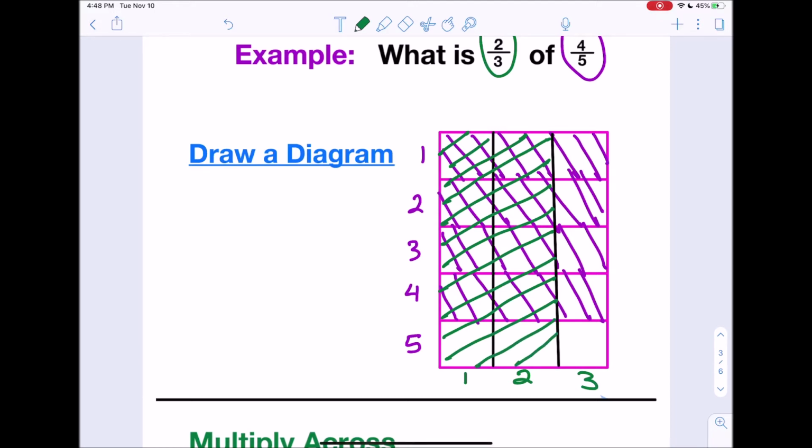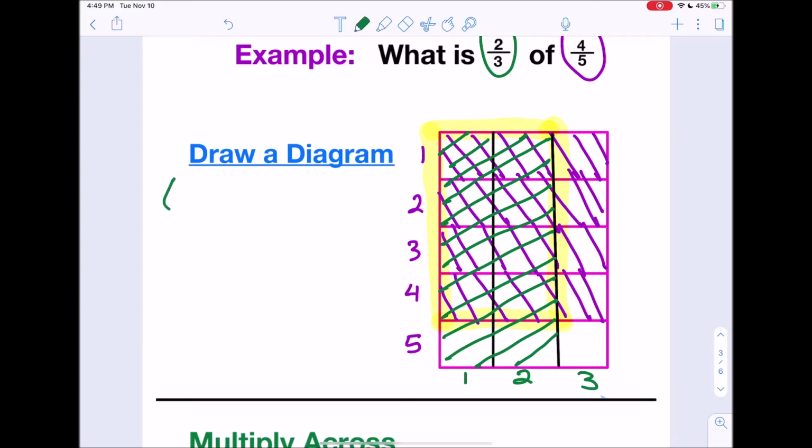Okay, and then we just need to remember we're looking for the parts of the rectangle that have both colors in them, where both colors overlap. And it looks like they're overlapping all within here. All that inside is purple and green overlapped. So that's going to be my numerator.